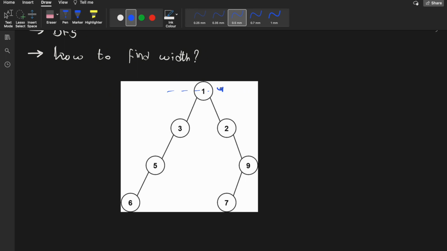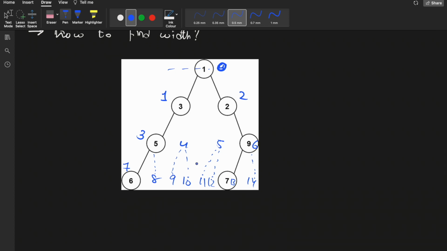Let's say numbering, I am starting the number from 0, numbering this node 0, 1 2, then 3 4 5 6, then 7 8 9 10, 11 12 13 14, right? Here this would be 8, this would be 9 and 10, this 5 will get 11 and 12, and this 6 will be this.